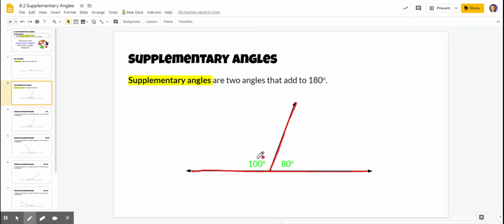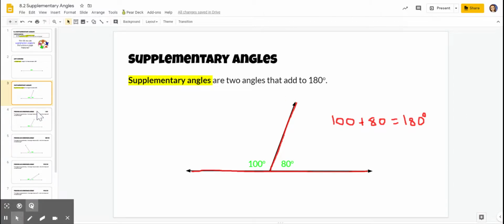Since these two angles add up to 180 degrees, if this angle measures 100 degrees, we know that this must be 80. We could show that by saying the 100-degree angle plus the 80-degree angle adds up to a sum of 180 degrees. So in other words, those two angles are what we call supplementary.